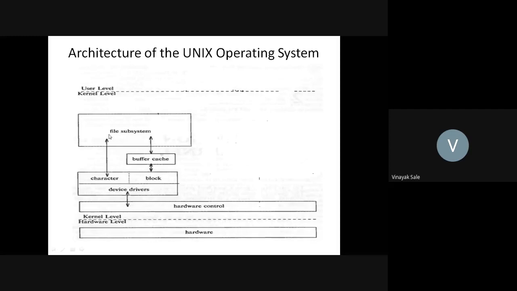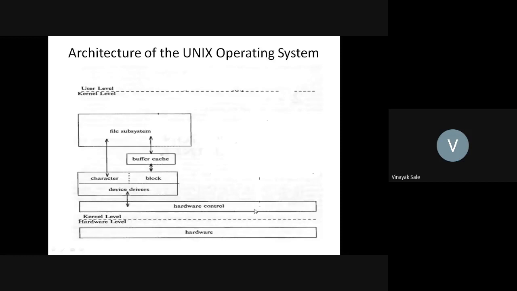In the file system there is communication between the file system and device drivers through characters, and communication between device drivers and file systems through block, and in between there is a buffer cache, that is a temporary allocation of memory. So this is one method.